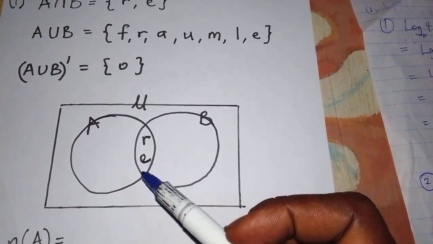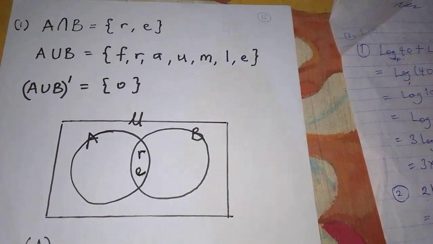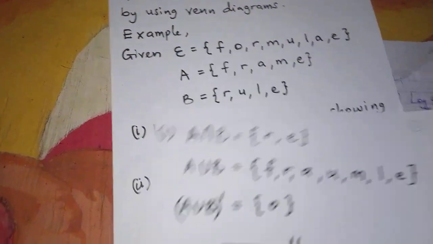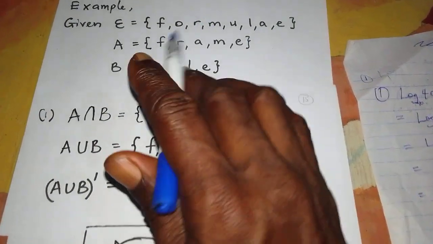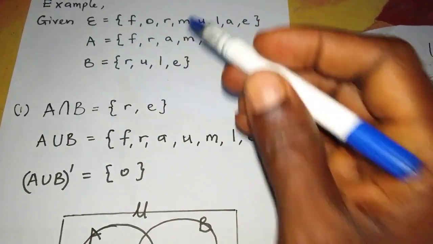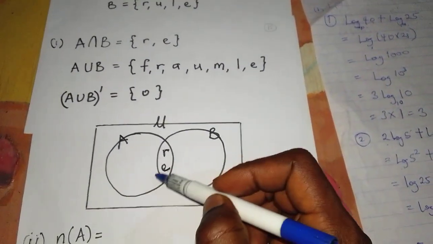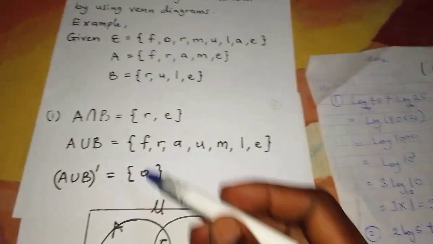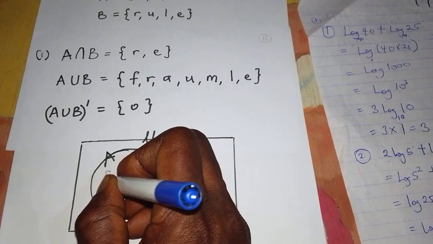Then you come to your set A. In set A, you have FRAME. This is the circle for set A. You have F, so let's write F here.